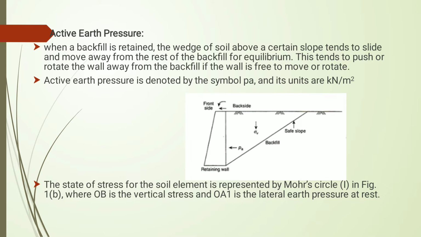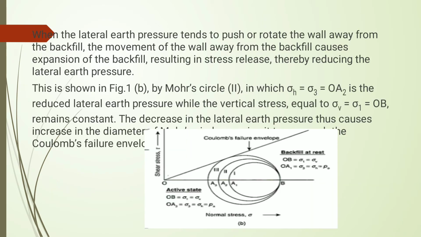Here, due to the pressure exerted, the state of stress of a soil element is represented by a Mohr circle as shown in the figure. As shown in the figure below, OB is the vertical stress and OA1 is the lateral earth pressure at rest.